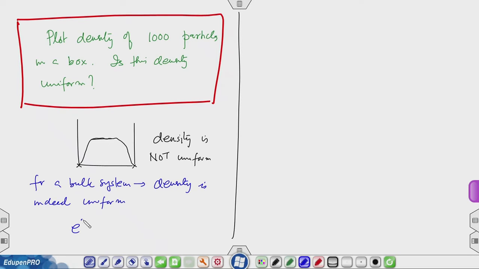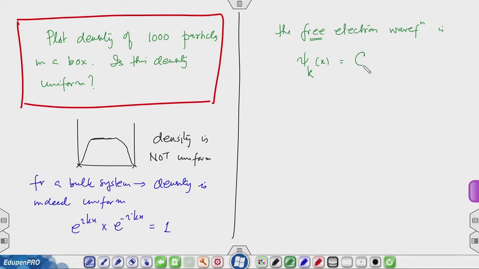If you take e^{ikx} times ψ star e^{-ikx}, it comes out to be 1. So, in this case density does come out to be uniform. So, what we conclude is that the free electron, free means there is no boundary, wave function is ψ_k(x), k represents the momentum, equals some normalization constant times e^{ikx}.